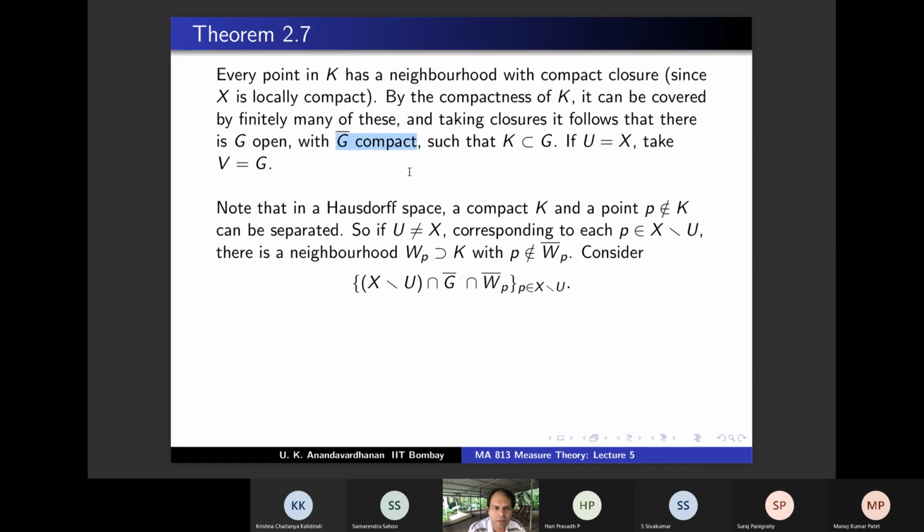G bar is compact. So in a compact set, if you have a collection whose whole intersection is empty, what can you conclude by compactness? There is a famous property with compactness about arbitrary intersection and finite intersection. Basic topology.